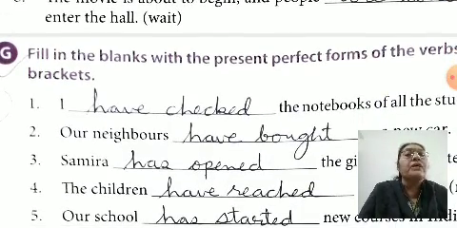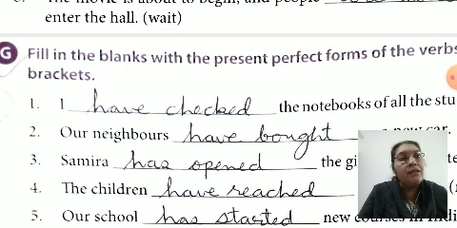Okay, next question, present perfect tense. In present perfect tense, we use the helping verb has or have as per the subject, plus the past participle form of the verb. I have checked, have bought, buy, bought, has opened, the children have reached.